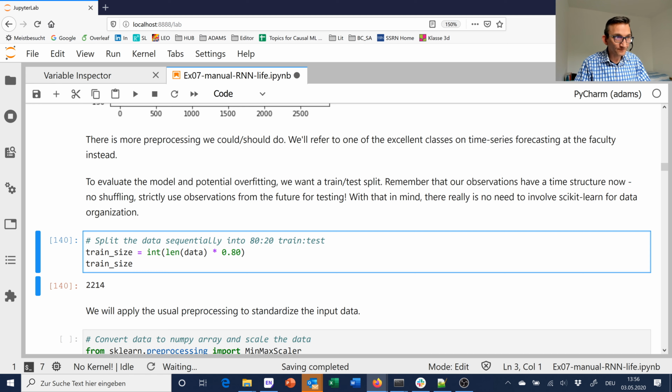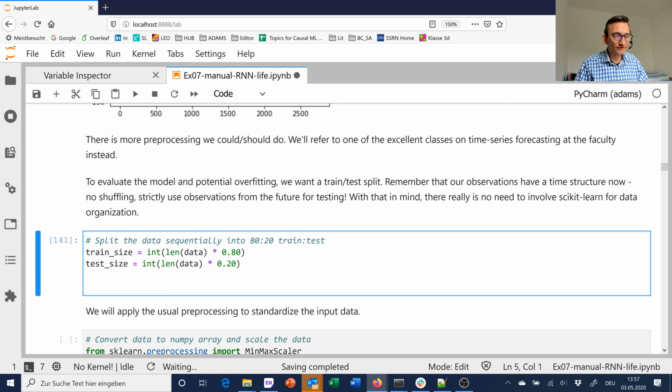And then we use that in, well, first of all, let's do the same for the test set, where then of course we use 20% of the data.